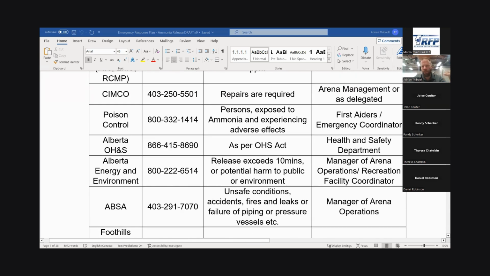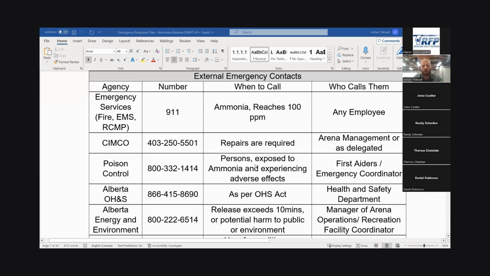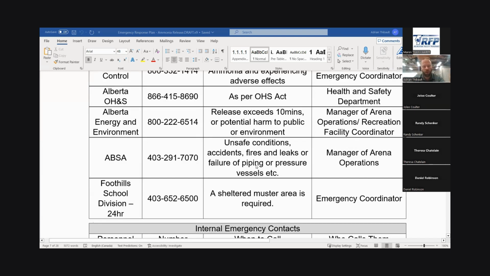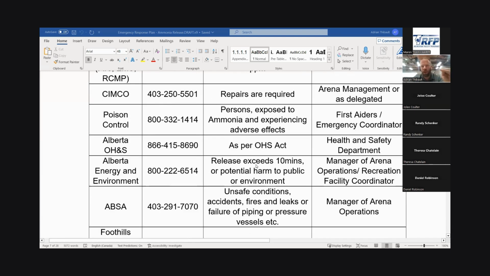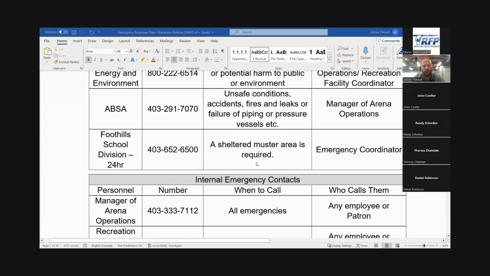Just take it right out of this book, laminate it, and put it in maybe staff rooms in front of the door, so that when somebody says, well, have you called Simco yet? Have you called your service provider? Oh, we need to get poison control on the line, someone's ingested glycol or something like that, you can find these numbers right away.